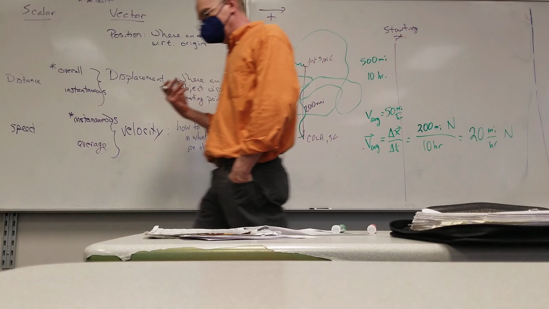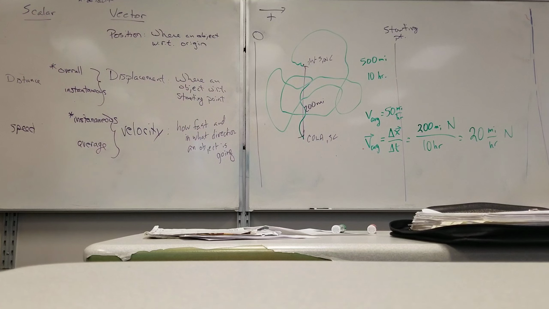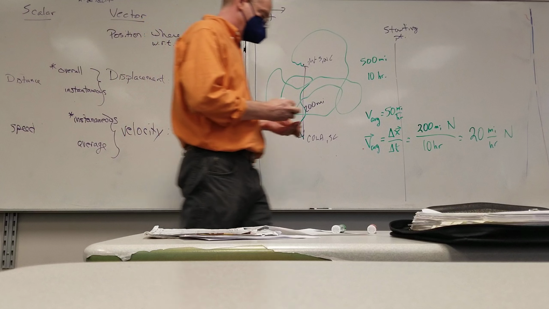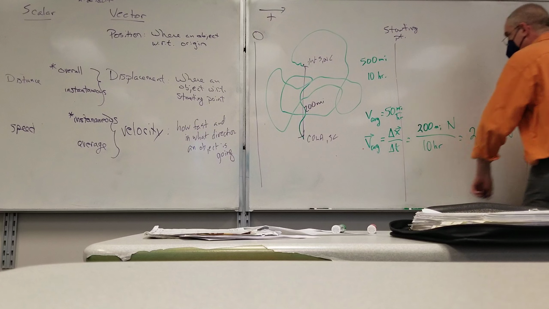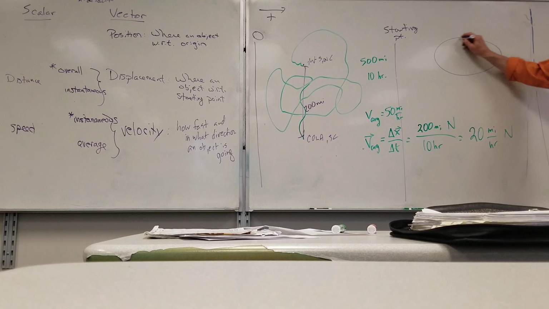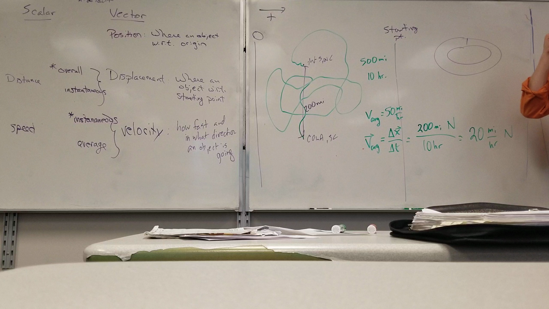So my average speed is different than my average velocity. Quickly do the Usain Bolt bit, or whoever's the fastest now. I'm still going to assume everyone knows who Usain Bolt is? I think enough nods there, okay.